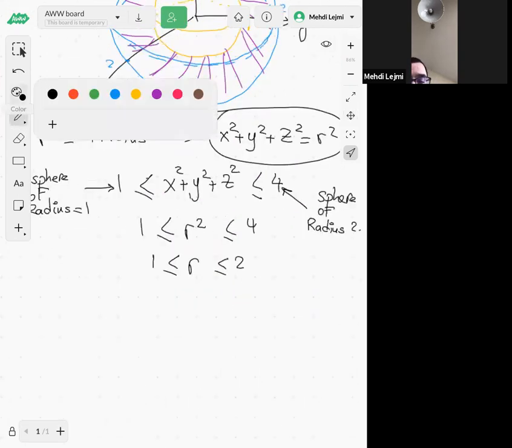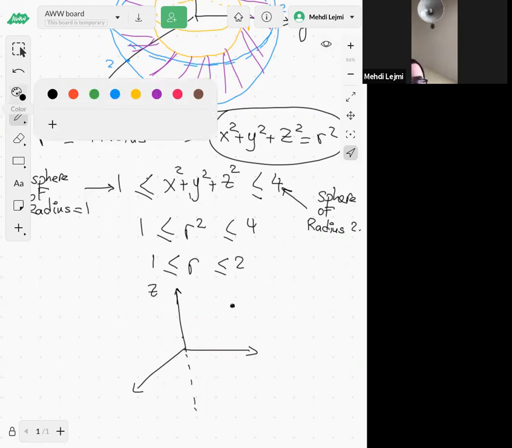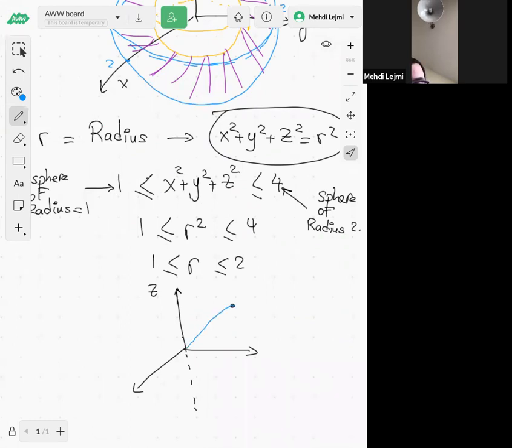So what I'm saying is that r is the radius. Now the phi is supposed to be, this is the z-axis. So if you have a point here, then phi would be the angle between the positive side of the z-axis and your point. So this is the angle phi, right?